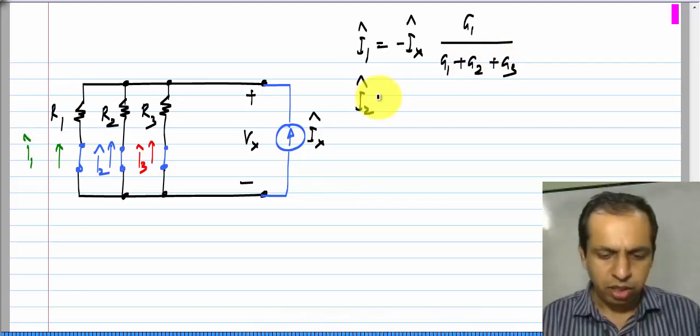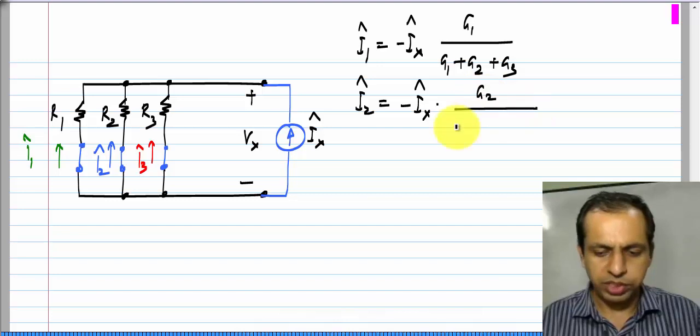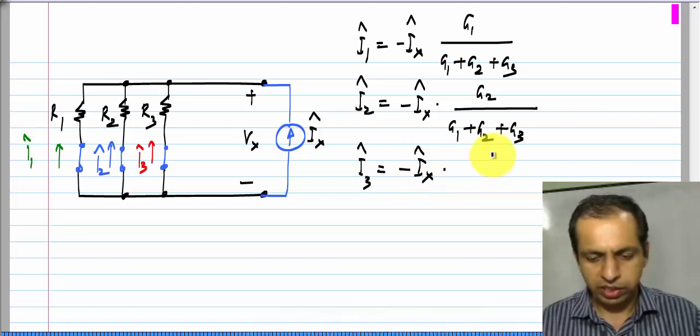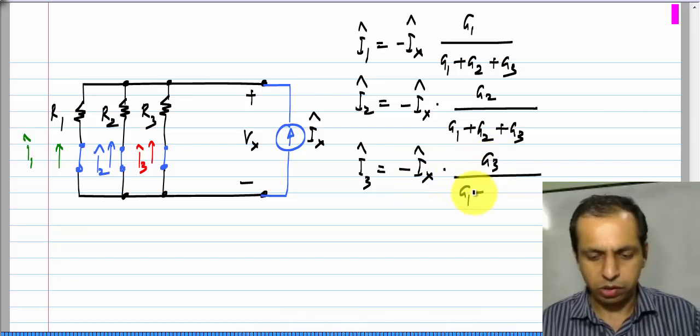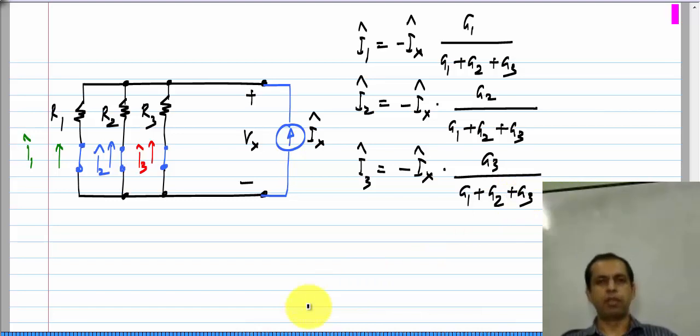Similarly, I 2 hat will be minus I x hat times G 2 by G 1 plus G 2 plus G 3, and finally, I 3 hat would be minus I x hat times G 3 by G 1 plus G 2 plus G 3. Okay.